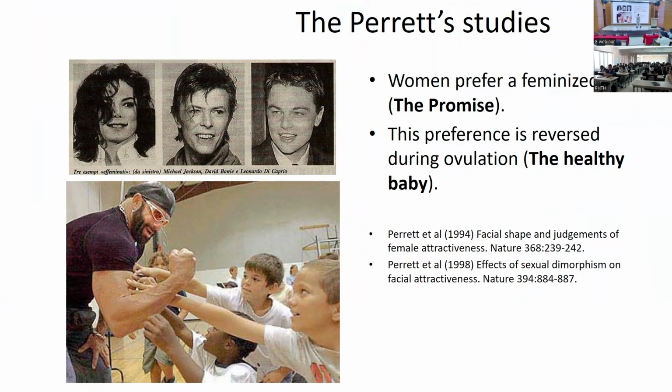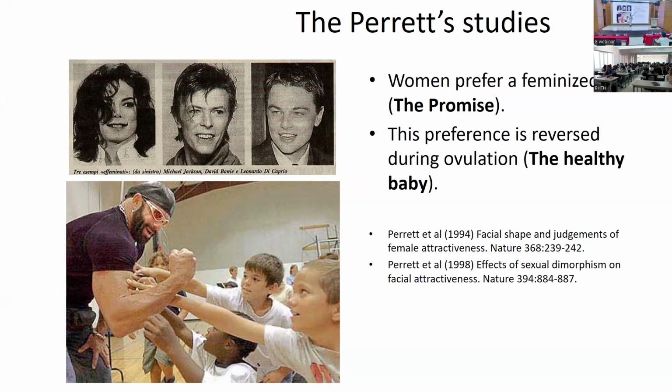Female face, which is more feminine, more close to the female face. But when she is ovulating, when she is producing the egg in the middle of the cycle, she prefers a more masculine face. So in the first case, the strategy is the one we call the promise.